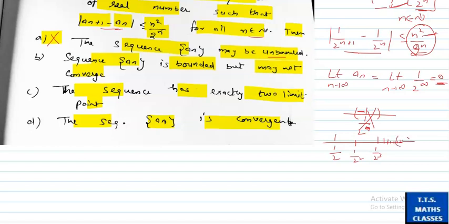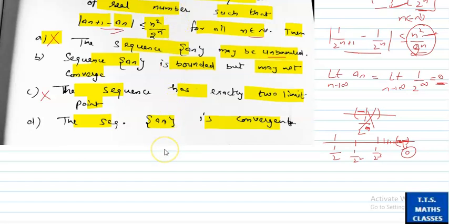When we take a neighborhood of 0, it intersects the set, so we can say that 0 is the limit point. According to the definition of a limit point, 0 is the only limit point. But according to option C, the sequence has exactly two limit points, which is wrong. This particular sequence which satisfies the condition has only one limit point, so option C is wrong.